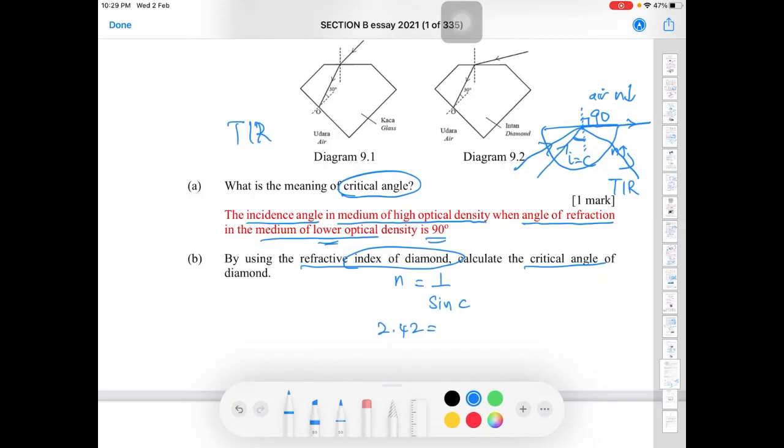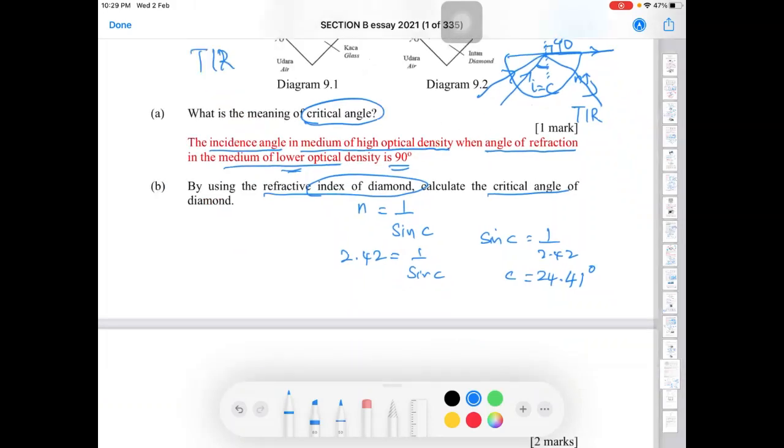Okay, so diamond alright. So you nak cari 1 over sin C. So sin C equals to 1 over 2.42. So C you akan dapat 24.41 degree. Alright, so ini adalah critical angle of diamond.